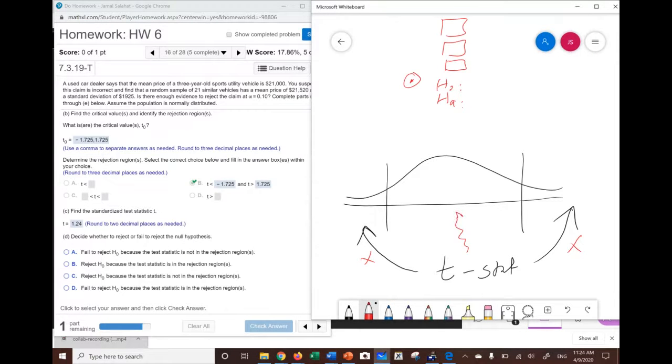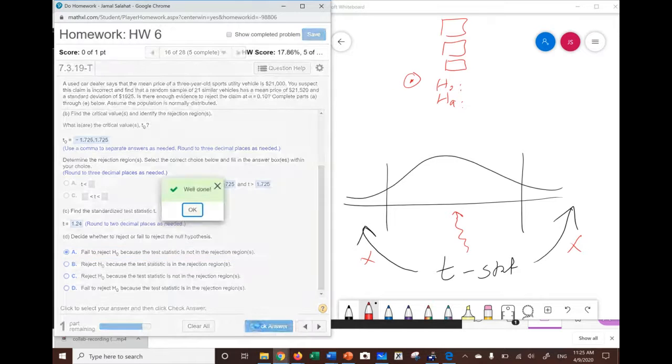It went somewhere in there. So in this case, we're going to fail to reject H-naught because the test statistic is not in the rejection region. Notice that. You fail to reject because it is not in the rejection region. So we're going to choose A.